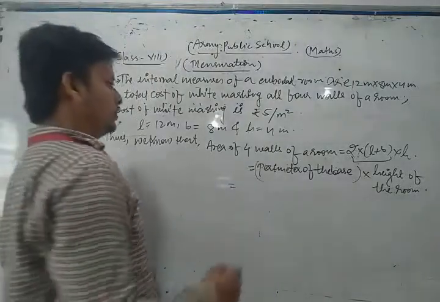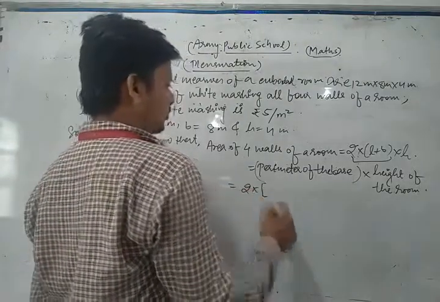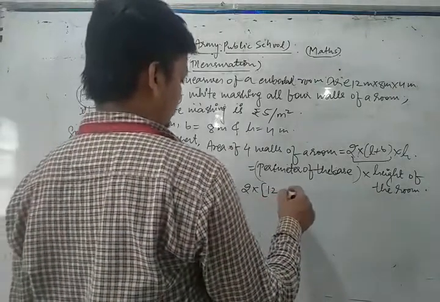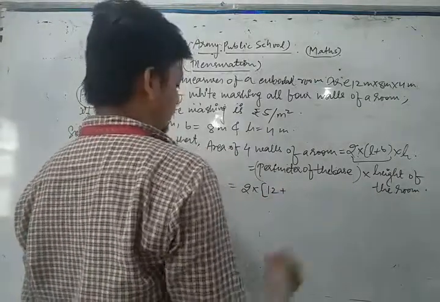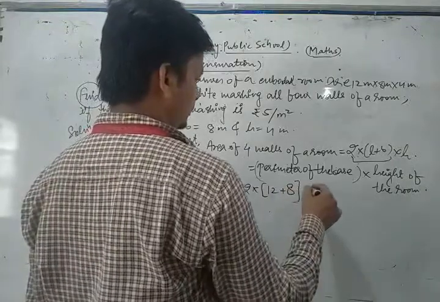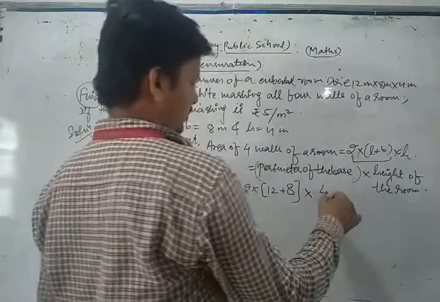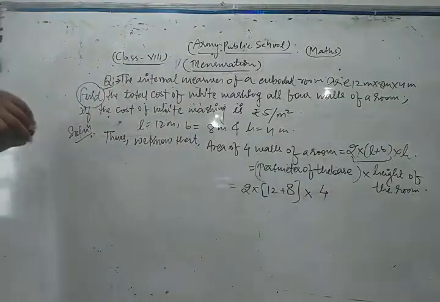Now we put the value. So 2 into length, this is 12. Breadth is 8. Into height of the room, that is 4.